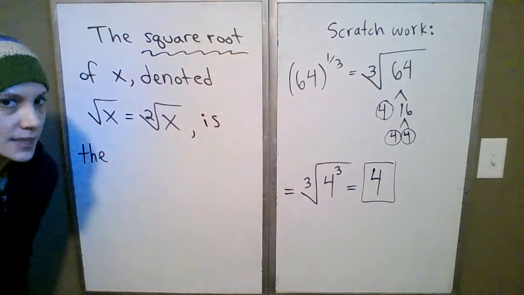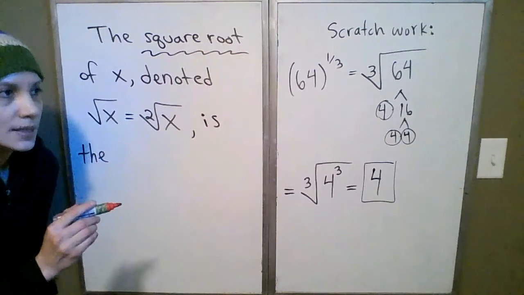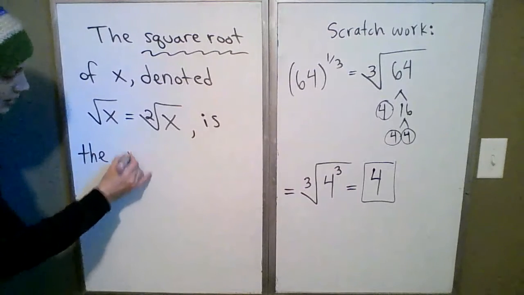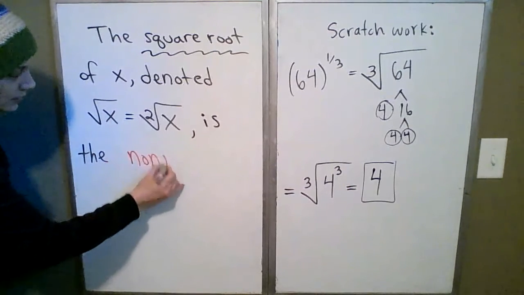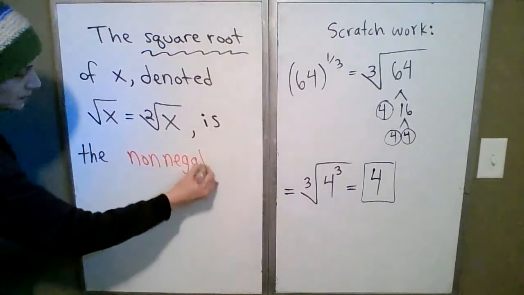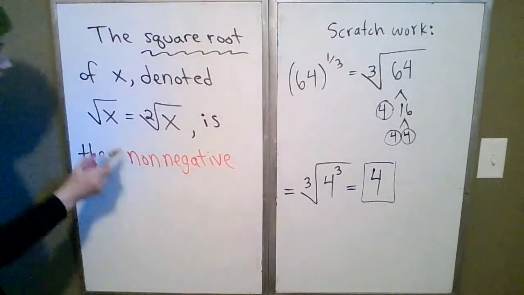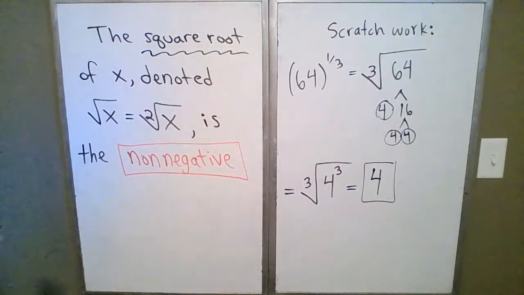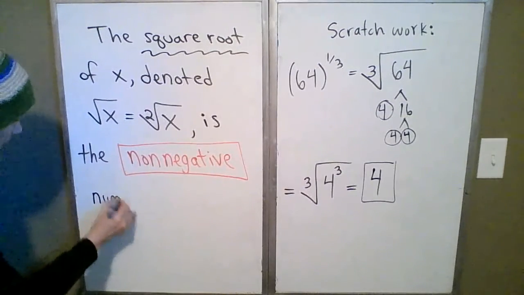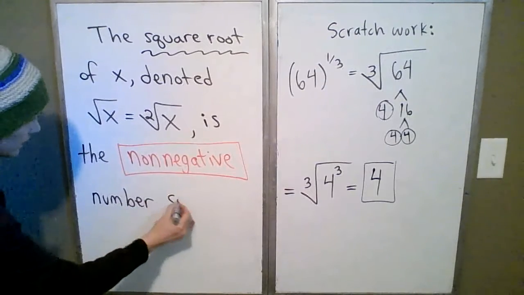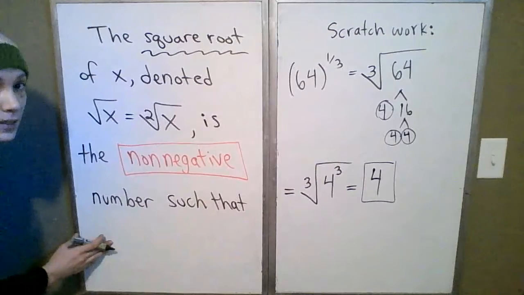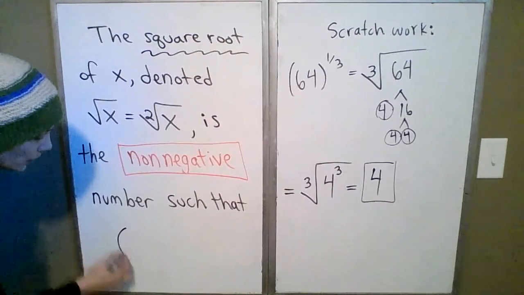So really the whole point here is that when you have a square root, the result is non-negative, such that the square root of x squared would be x.